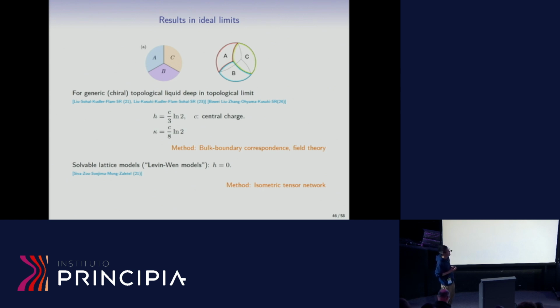I will summarize the overall result later, but this is some particular calculation I'm talking about. In this paper, we studied topological liquids using the technique I discussed yesterday, the bulk boundary correspondence, and so on and so forth. We found these results. H is, once again, c/3 log 2, so it looks identical to the 1D result.